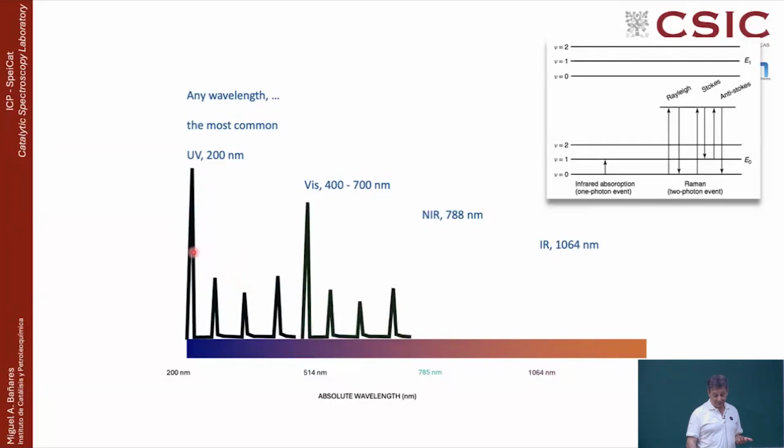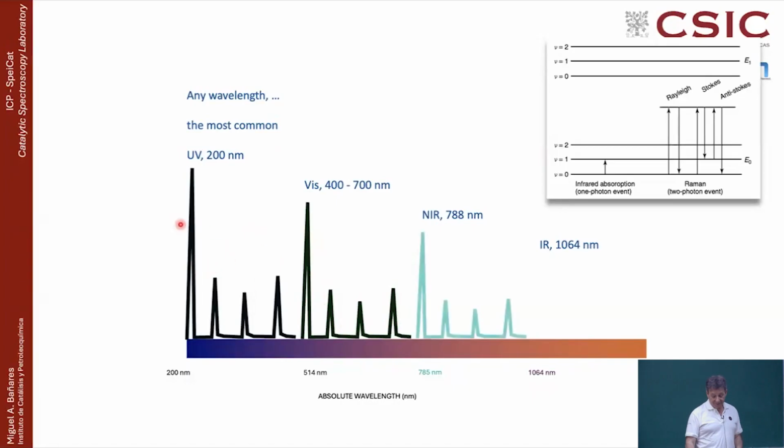You make the same spectrum using a green laser, 514 nanometer, you will get the same peaks with respect to the laser. So they appear at a different position in the absolute spectrum, yes, but the distance of peaks 1, 2, and 3 with respect to the laser is the same as for the previous laser.